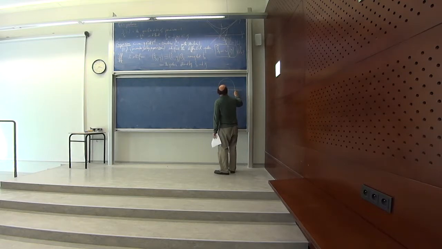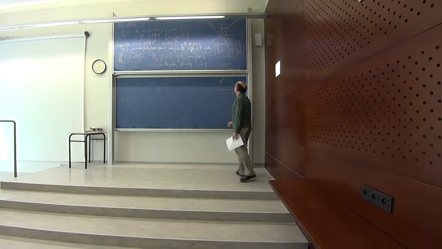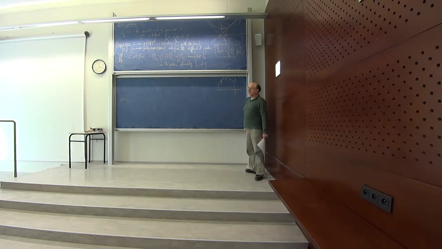If I am putting eta here and here a tangent vector like that, this means that after time S, psi dot S is this vector.